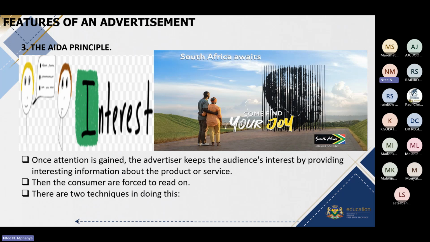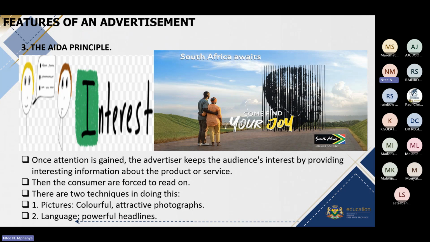In doing so, they will always use pictures. The picture that they've used here of a couple hugging each other and looking at this magnificent portrait of Mandela will really keep you focused and interested.